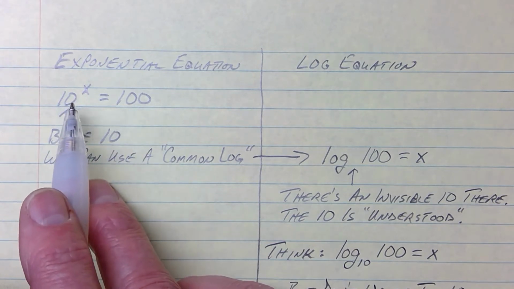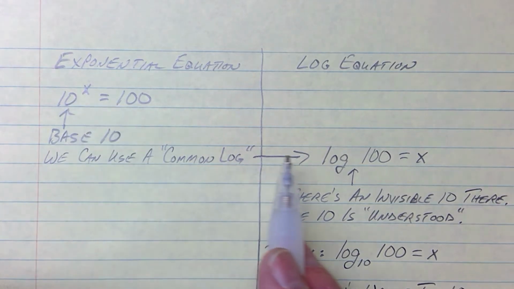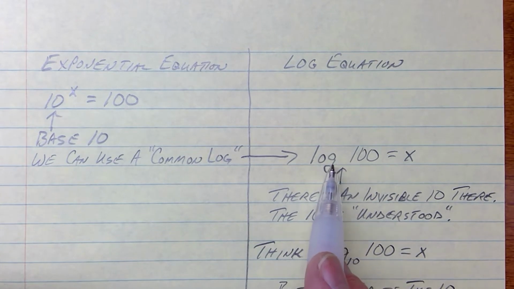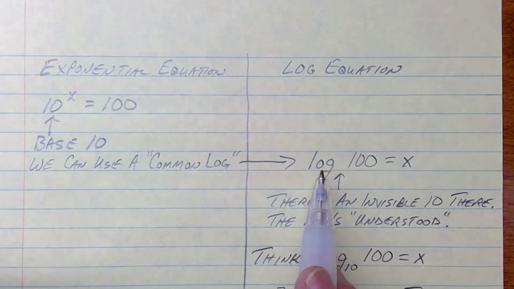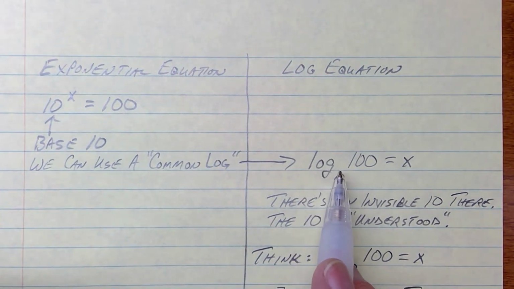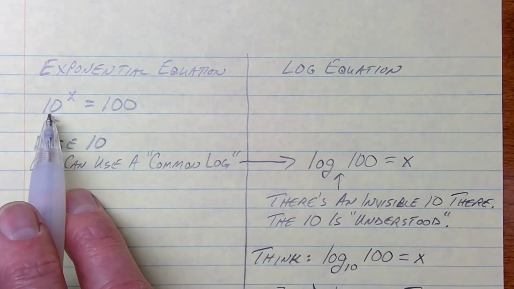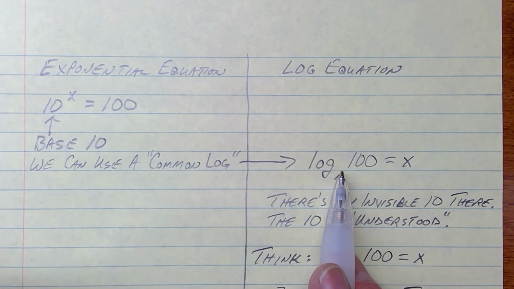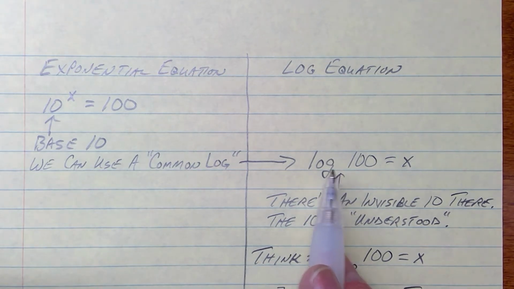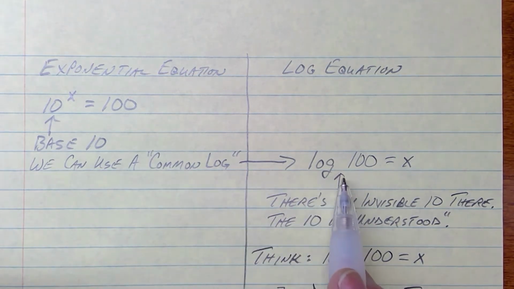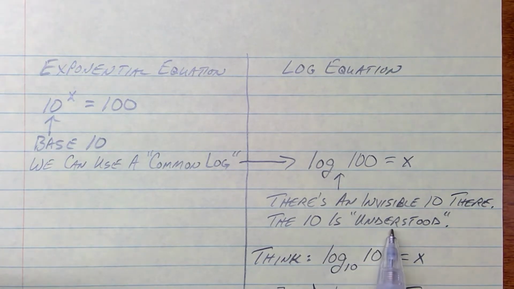So when I change this exponential equation to a log equation, I'm going to take a shortcut. I'm going to be lazy, because this is base 10 and we use it so much that we don't write the 10. Usually we would put a 10 there, but it's a common log. If you see a log and there's no base, it's understood to be 10.